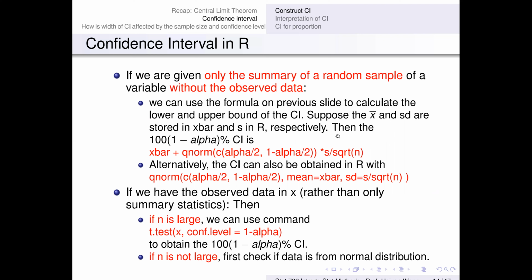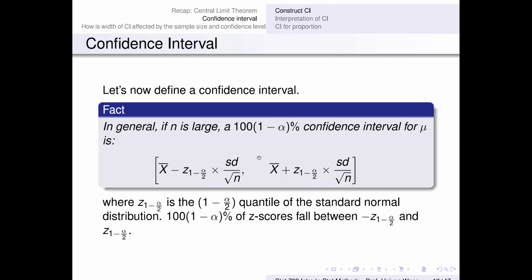Okay. Once you have the alpha, the next step is to write down the x bar, plus or minus the normal quantile times s over square root of n. But if we look at the two quantiles, one is the negative z normal percentile, the other is the positive normal percentile. For the normal distribution, we know that it's a symmetric distribution.